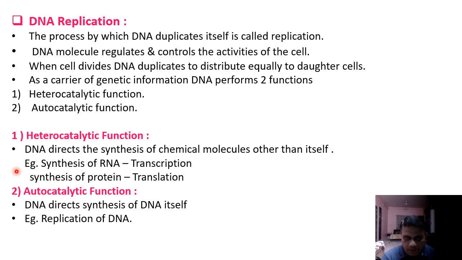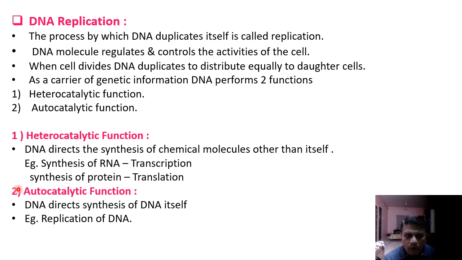Now in transcription, there is the production or synthesis of RNA on one of the DNA strands. Then translation means it is the expression of DNA, that is, in the process of translation along with RNA, DNA produces different kinds of proteins which are essential to the cell, and the process is called as translation or protein synthesis.